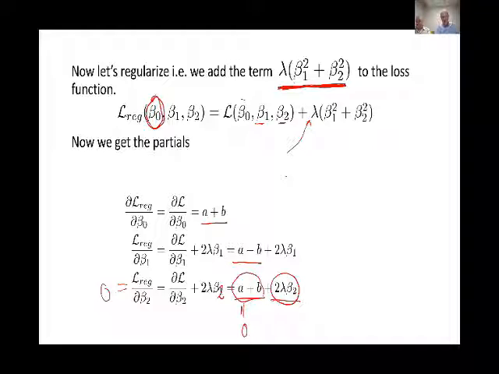Right. But the truth of the matter is that the unregularized loss function does have a minimum, but it's just at infinity, and we can't really deal with infinite numbers here. So when you regularize, you only look at things inside a bounded set, and that's why that minimum will be at the boundary.